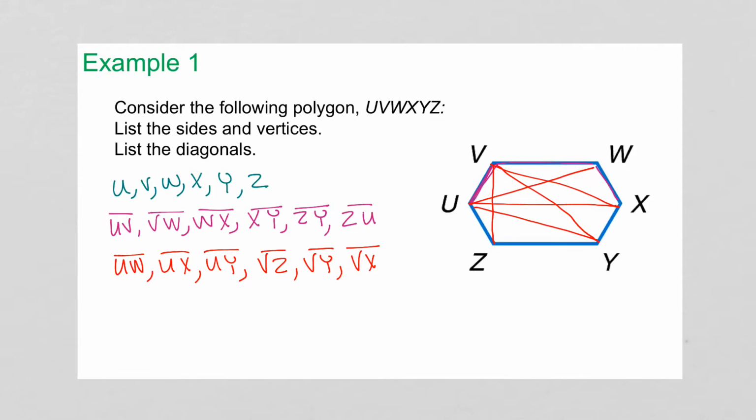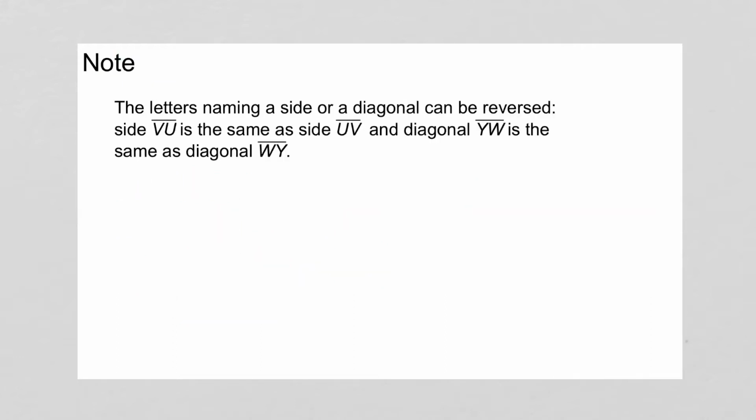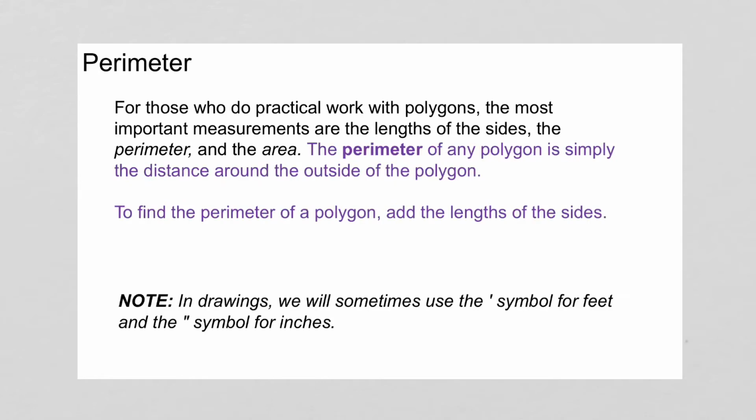With W, we've already got WU, and we need WZ and WY. And that might be all of them. I think each vertex should have 3 coming out. Let's see, Z does not. We need ZX.